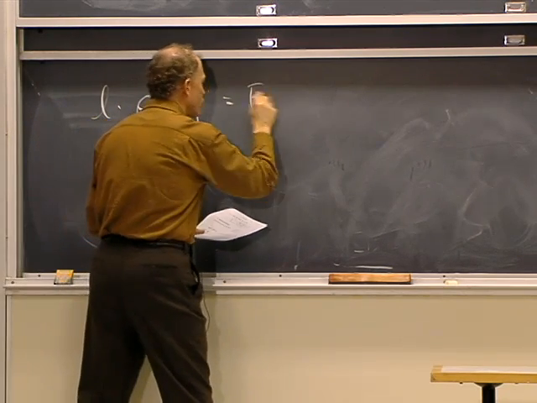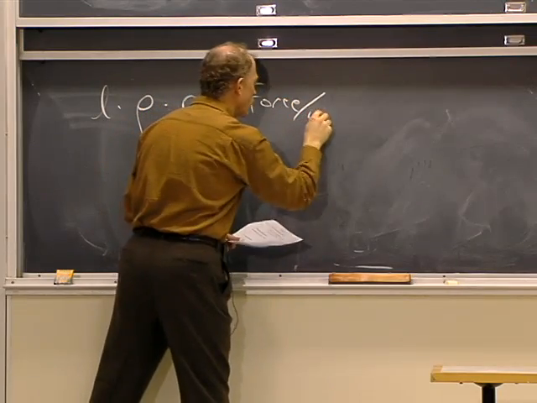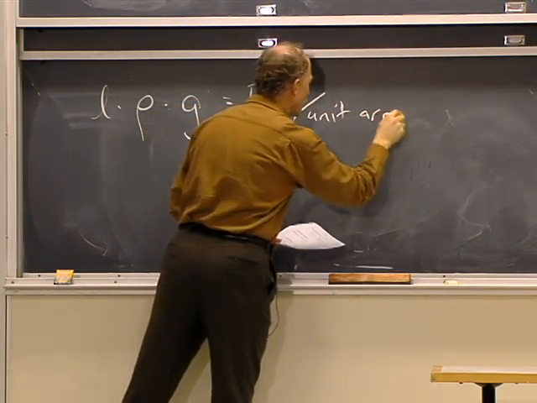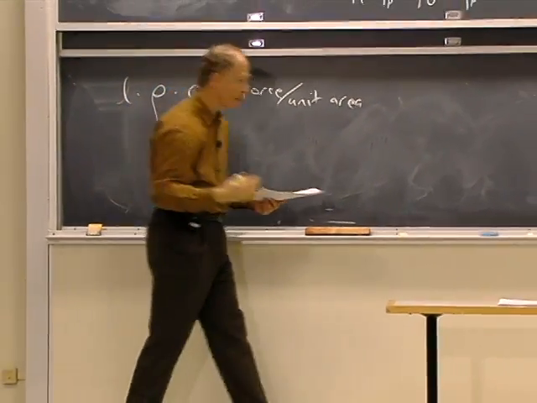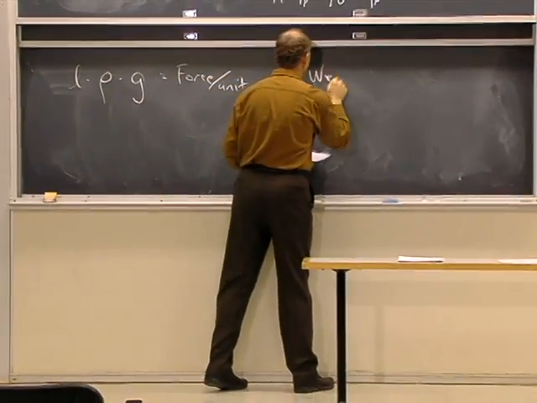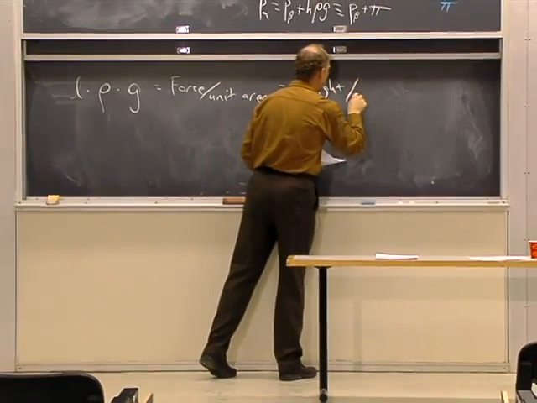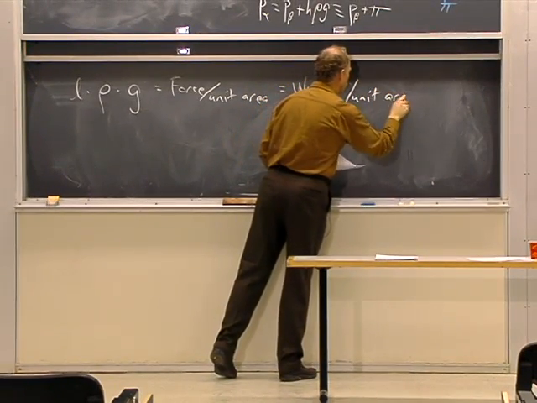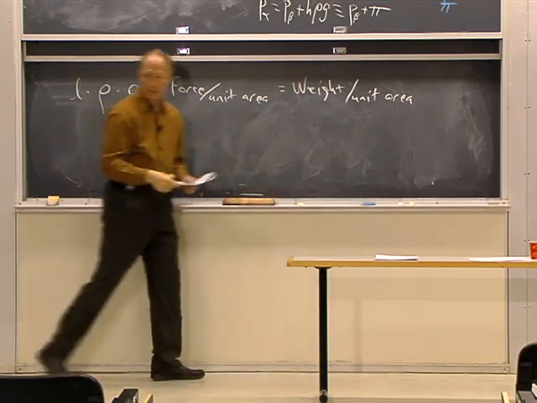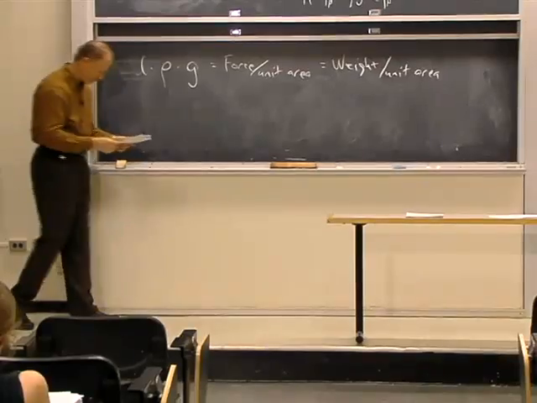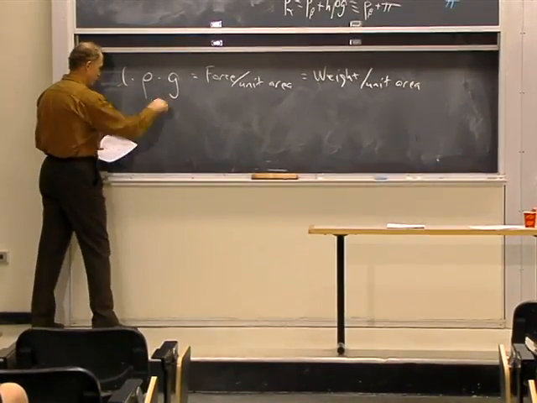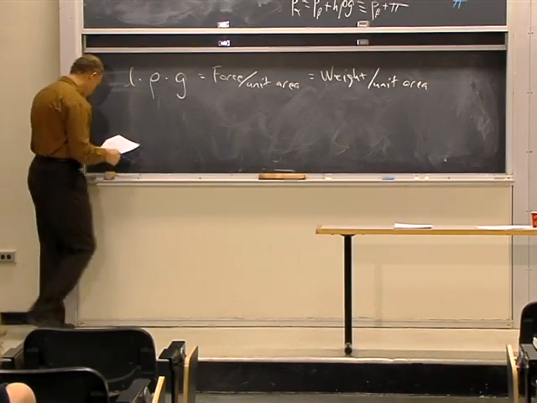It should be a pressure, which is a force per unit area. And in particular, this is going to be a weight per unit area. Remember, the weight is the force that a mass exerts, and it exerts it because of the gravitational constant.